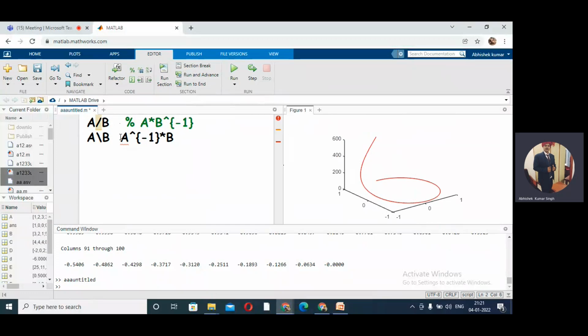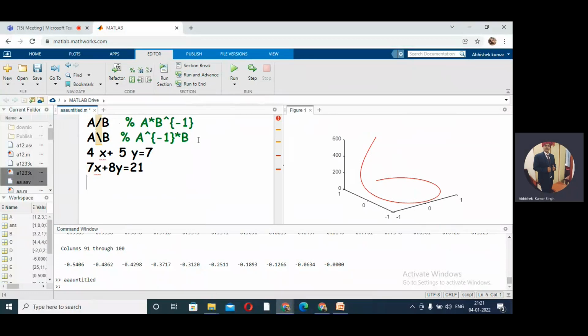Now the next question: when are we going to apply that? Suppose we have a simple set of equations. 4x plus 5y equal to 7 and 7x plus 8y equal to 21.